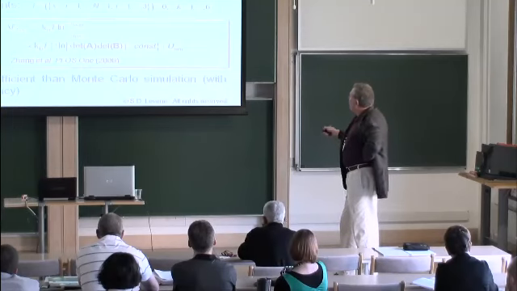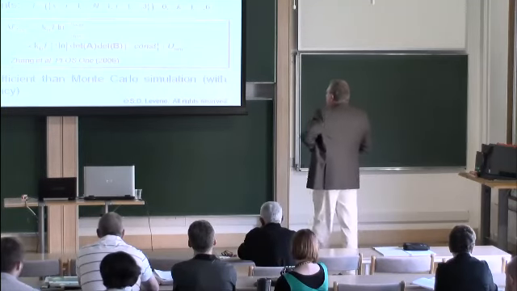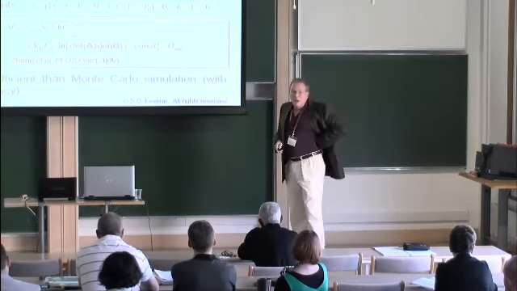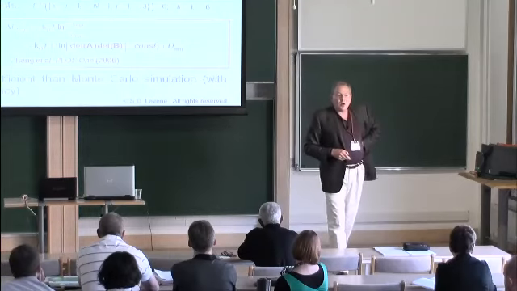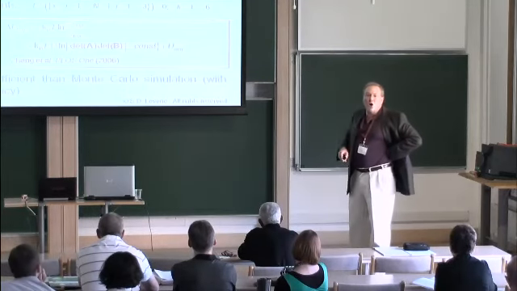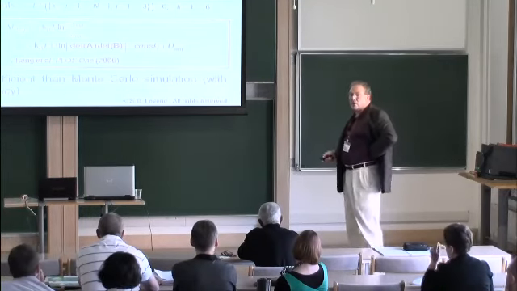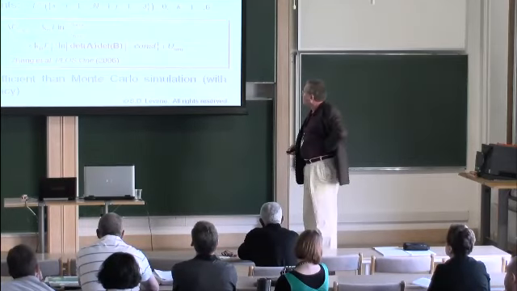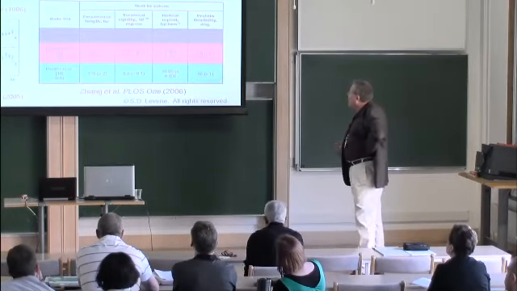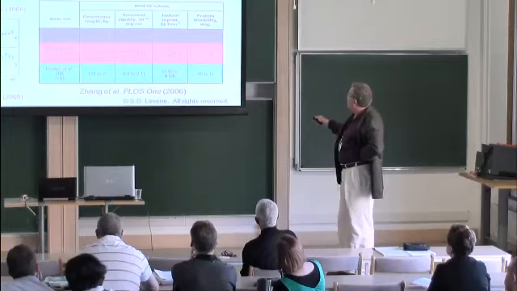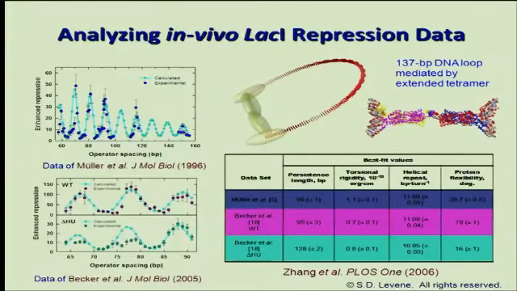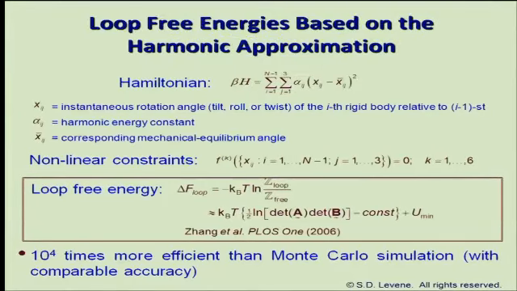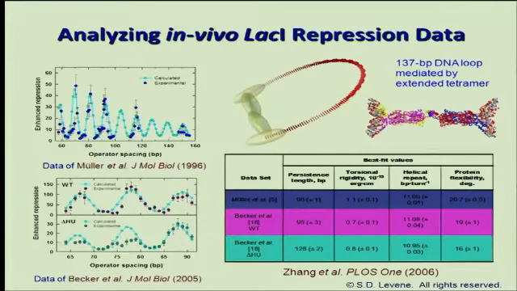So what we had hoped was that we might be able to extend this to a regime where the loops are sufficiently long to incorporate significant amounts of supercoiling or other topological constraints. This is basically a slide that shows the application of this theory, which we call the harmonic approximation, to some in vivo experimental data.